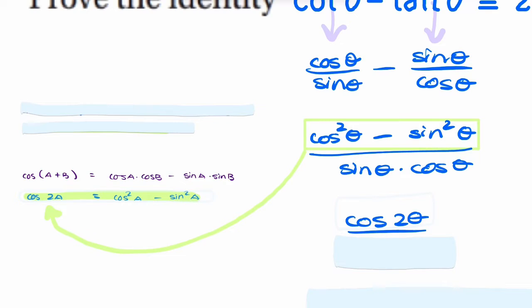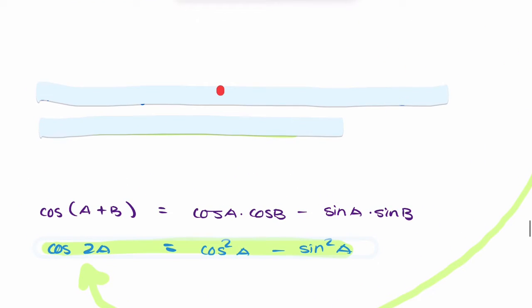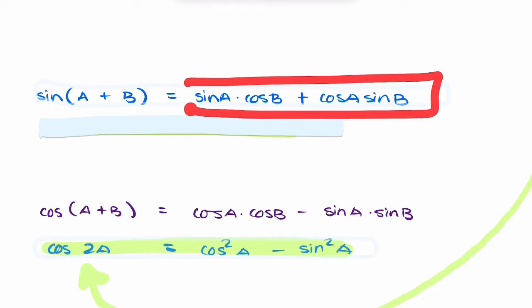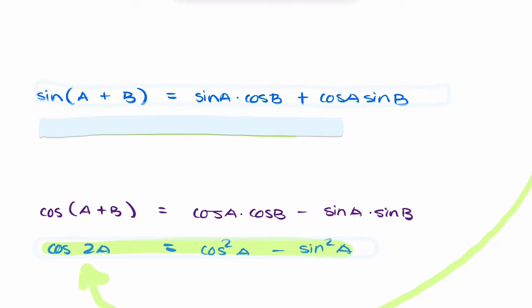It just happens that this also looks very similar to a double angle formula involving sine, because if you have the sine of the sum of two angles, A plus B, then that identity, this again is given to you in the exam, is sine of the first times cosine of the second plus cosine of the first times sine of the second.